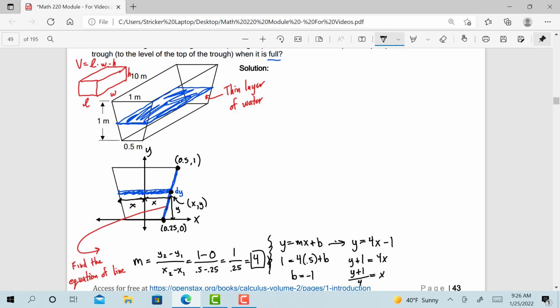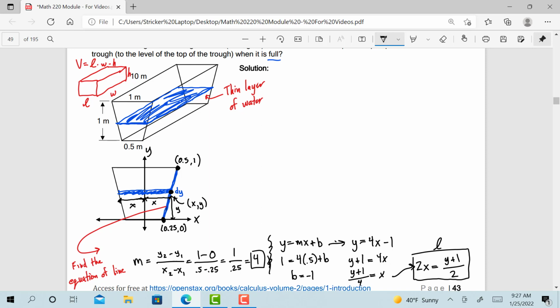So if x is equal to y plus 1 over 4, then 2x, if we multiply both sides by 2, is equal to y plus 1 over 2, right? And this is our length. So our length is y plus 1 over 2 because our length is 2x across.